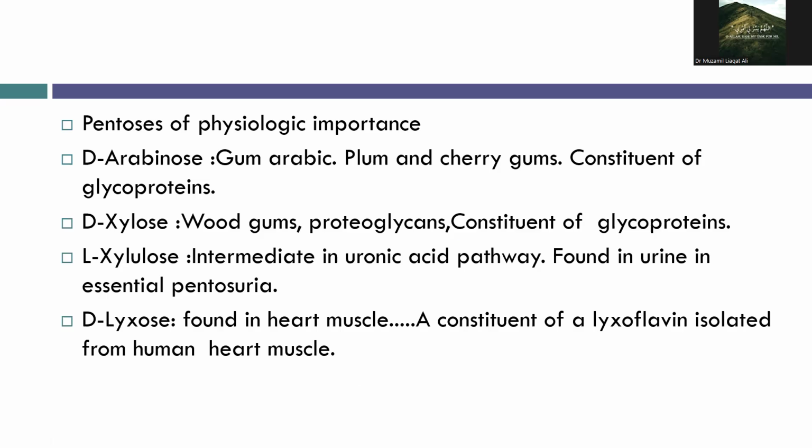That is a benign condition. The last one is D-lyxose. D-lyxose is present in heart muscles and lyxoflavin isolated from the human heart tissue. These pentoses highlight the central role of the pentose phosphate pathway in generating NADPH and ribose for nucleotide synthesis.